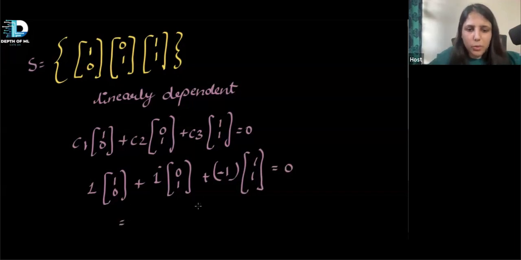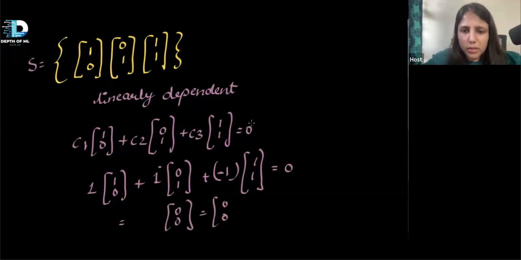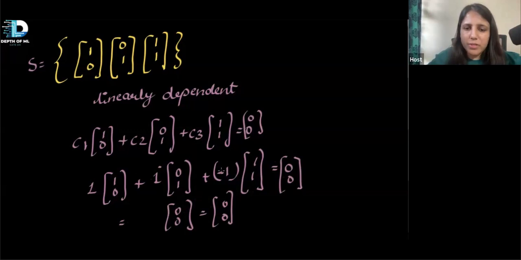So this is coming out to be a zero vector. So I am able to get non-zero Cis which add this equation up to a zero vector. So this is linearly dependent.